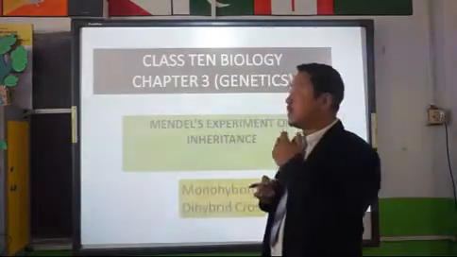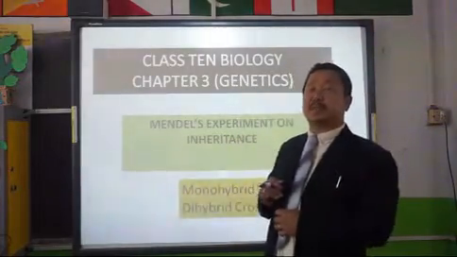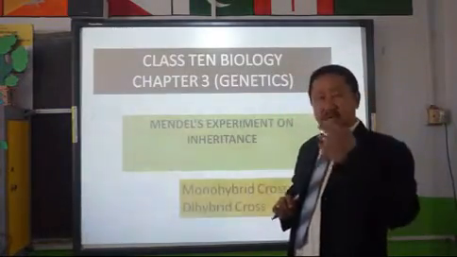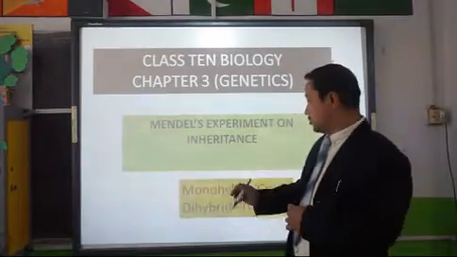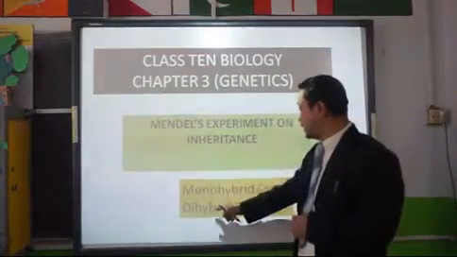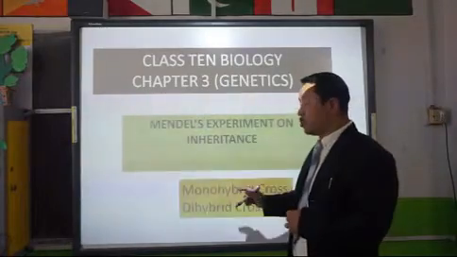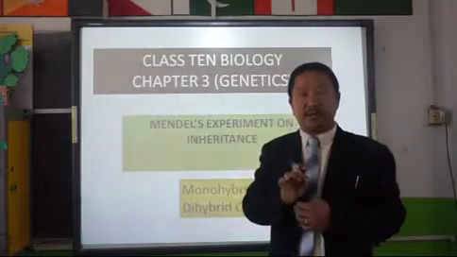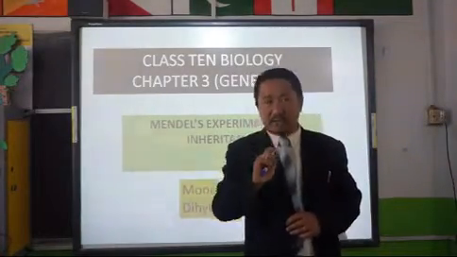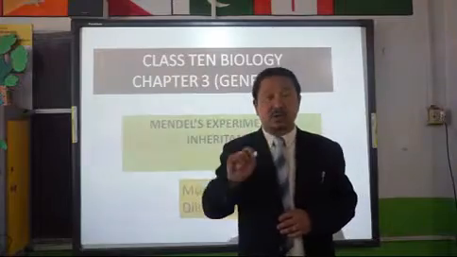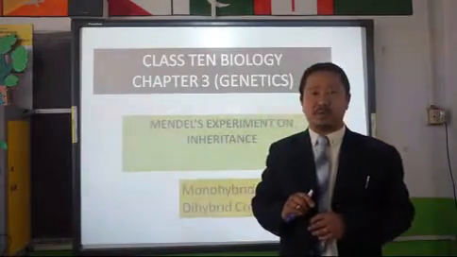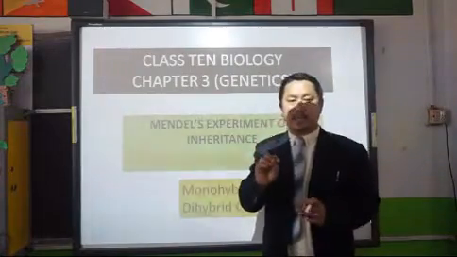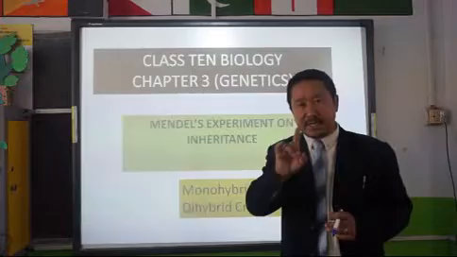Coming to the process of the experiments he did, he did two different kinds of experiments out of sheer interest: the monohybrid cross and the dihybrid cross. Mono means one. The monohybrid cross is the experiment where he considered only one contrasting character at a time.